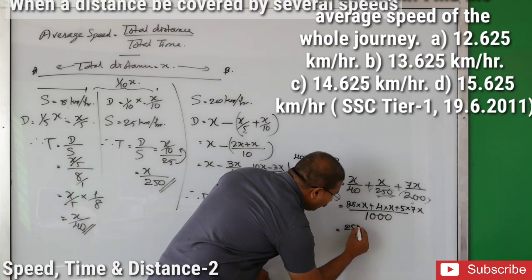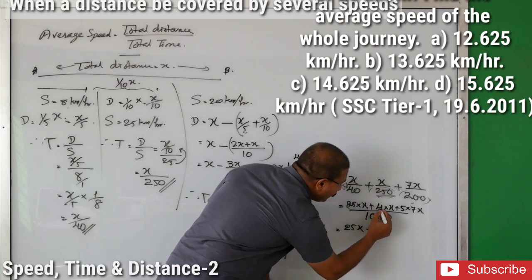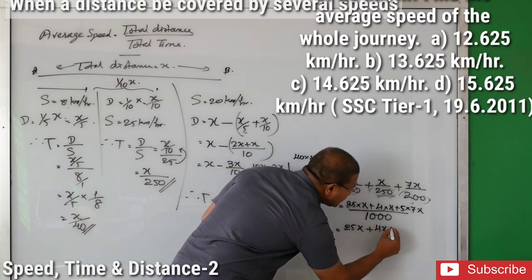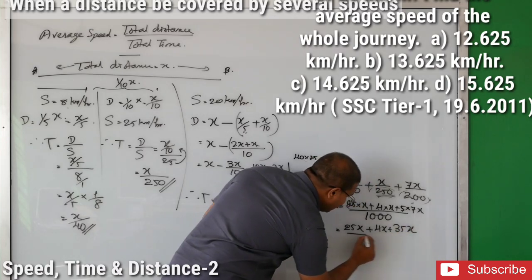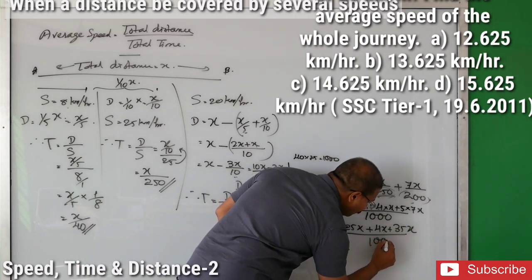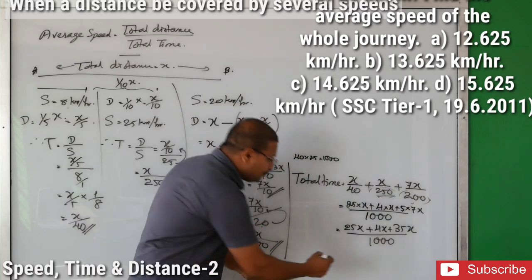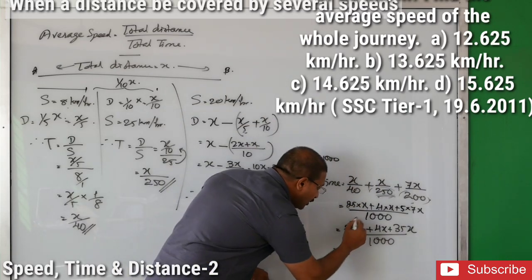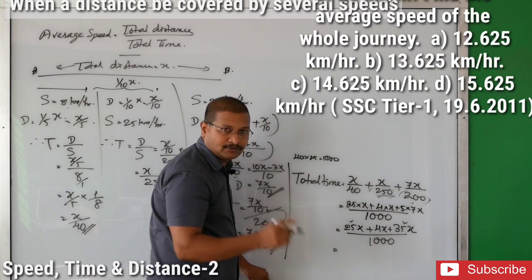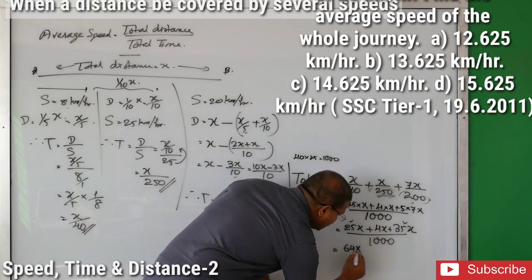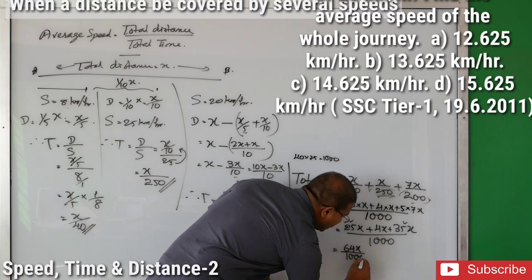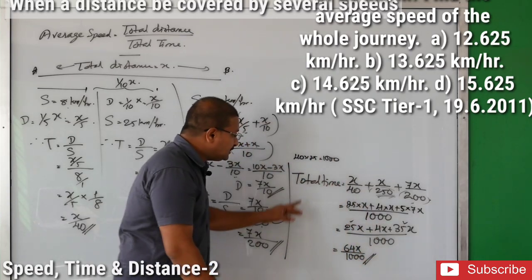That is 25x plus 4x plus 5 sevens are 35x, divided by 1000. Ready? This equals, now see, 25 plus 35, 60. 60 plus 4, that is 64x divided by 1000. This is the total time.